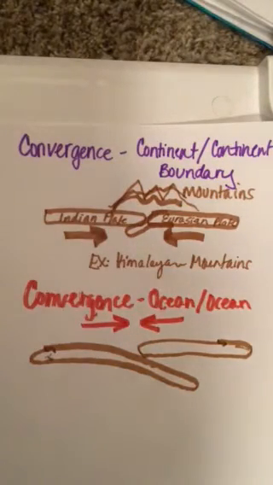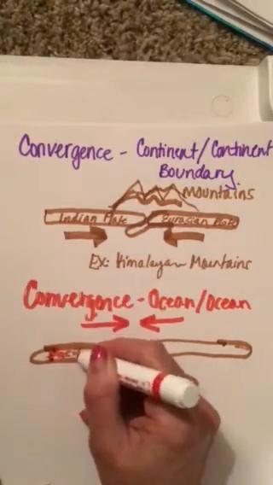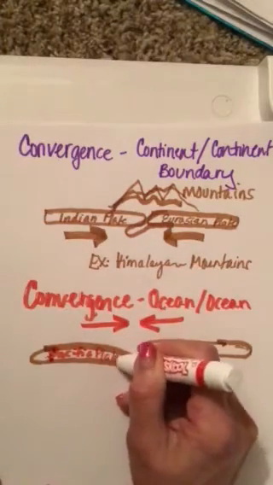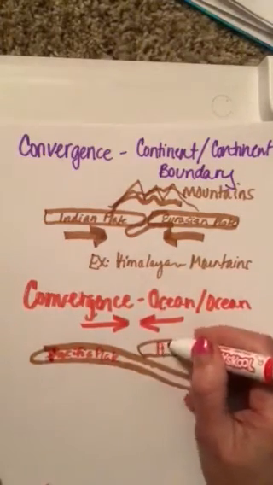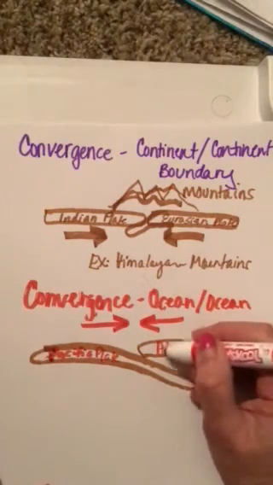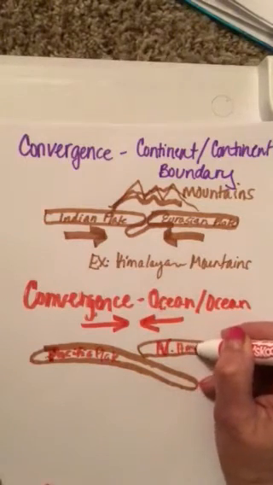In this example, we're going to use an area where the Pacific plate meets up with the North American plate, but along the Atlantic Ocean. So let's put North American plate because that's correct.